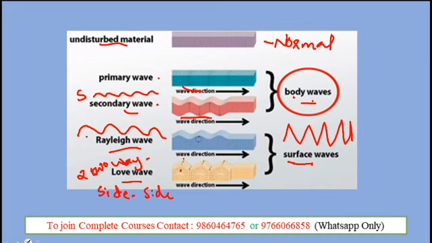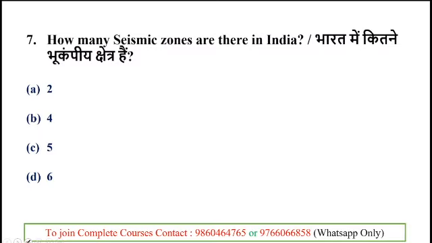Clear. Then next question: how many seismic zones are there in India? So here the seismic zone means the zones related with the influence of the earthquake on land. Clear. So the seismic zones measure the tendency of an earthquake to cause destruction on the land.